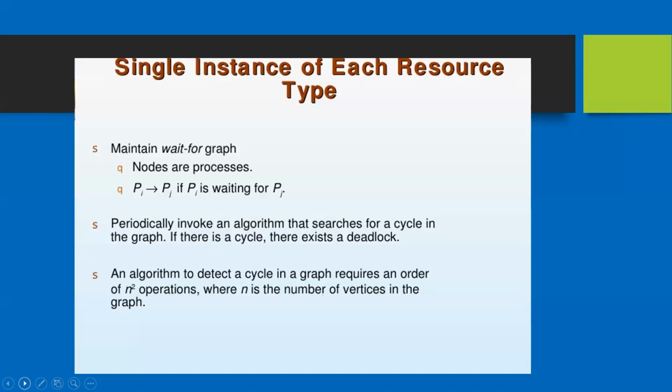It keeps track of the resources for safe allocation. An algorithm to detect a cycle in a graph requires an order of n squared operations, where n is the number of vertices in the graph.